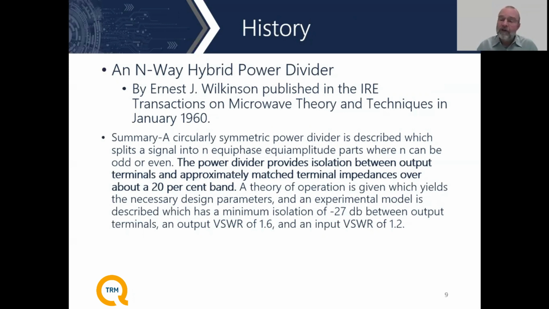So his concept was to build an 8-way power divider and have all the power division happen in one go, and make sure that we have isolated ports between them. He was only touting a 20% bandwidth on this initial paper.